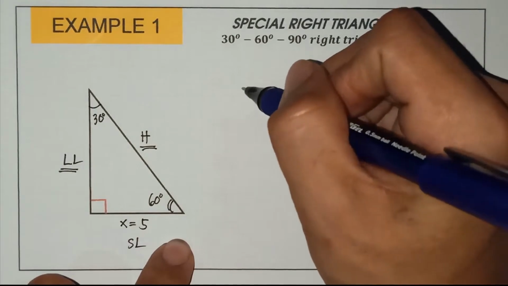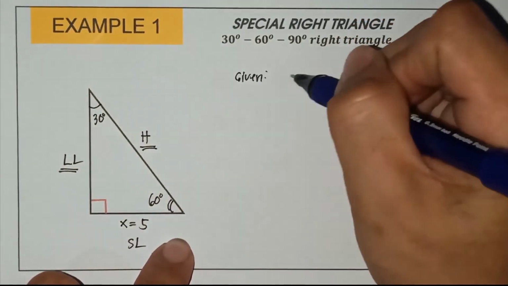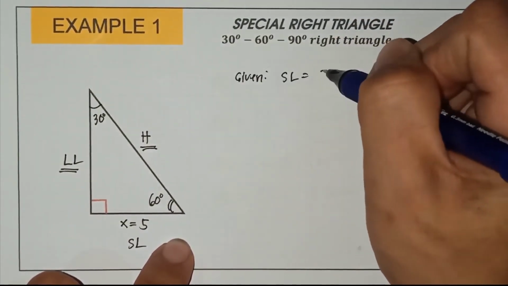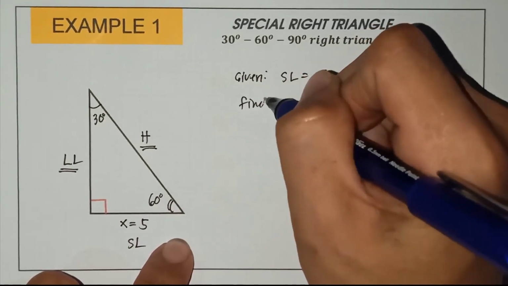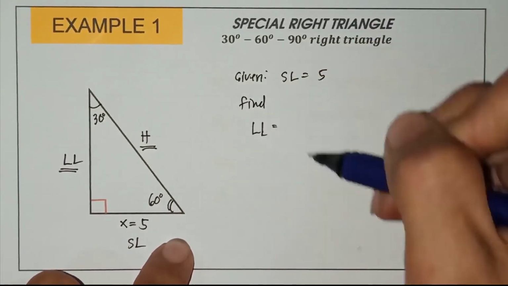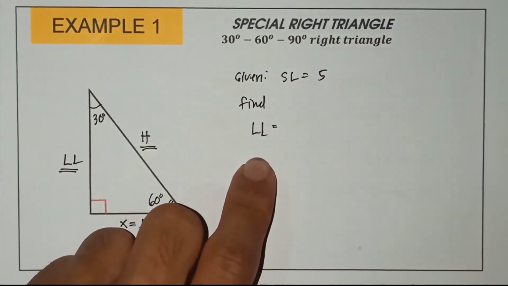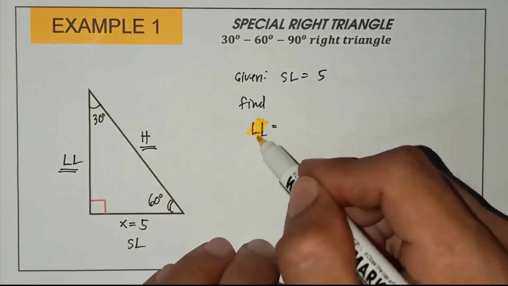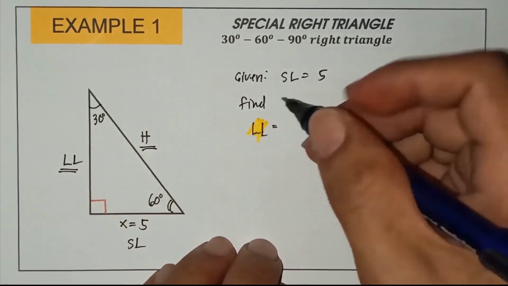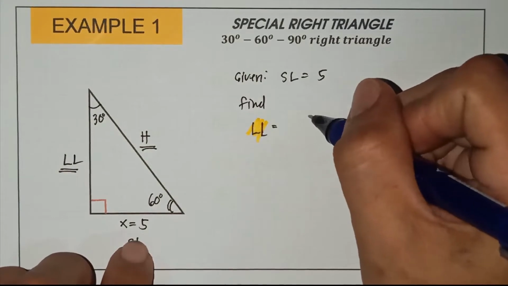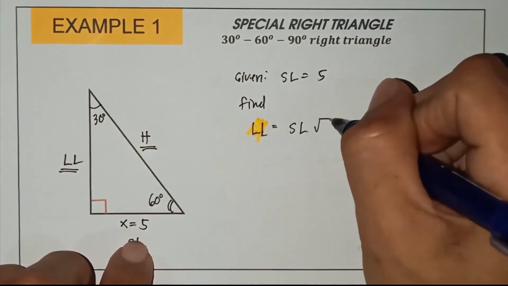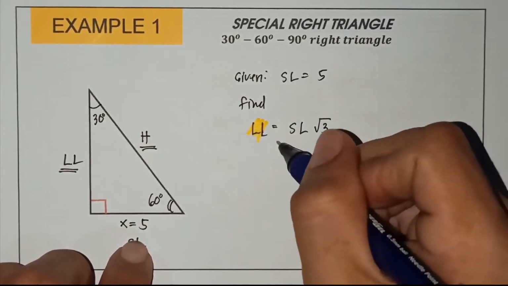Based on the formula, to get the longer leg, multiply the shorter leg by square root of 3.